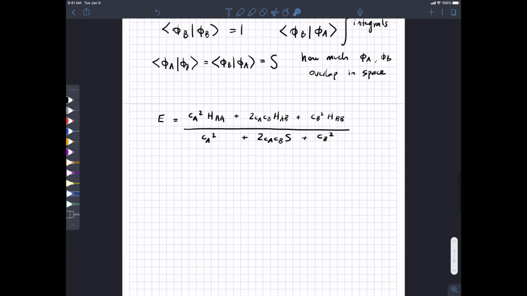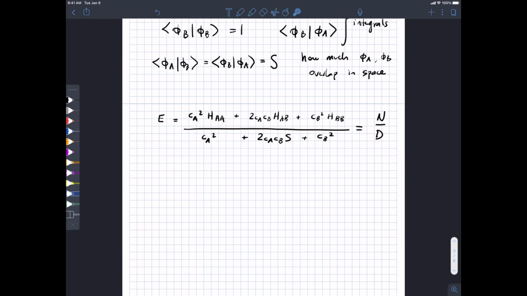Okay. So now we're going to simplify this even further with numerator and denominator because we're going to do some calculus, and calculus can be painful. All right. So what we want to do is find coefficients for the given starting orbitals that we began with.